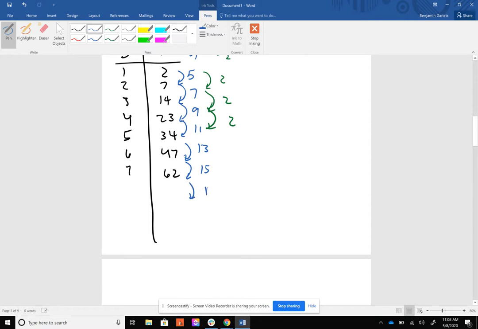For 8, I'm going to add 17, which gives me 79. I'm just going to keep going with this color. Plus 19 gives me 98. Plus 21 gives me 119.